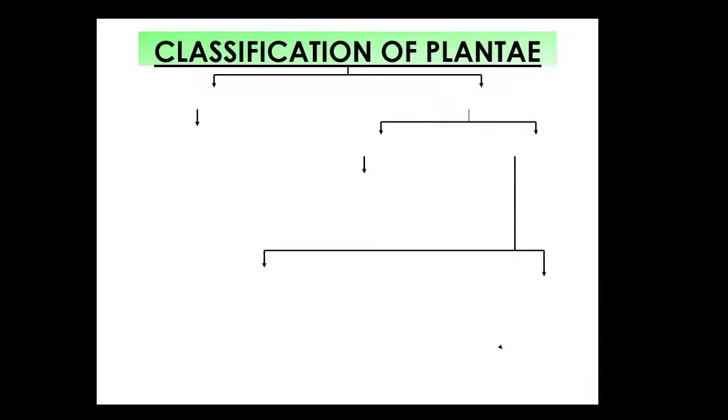Next, we will talk about the classification of Plantae. There are so many different types of plants, and we can classify them into 4 major groups. But how exactly do we classify them into 4 major groups based on morphology alone? Remember, we're not going into the genetics of things yet.